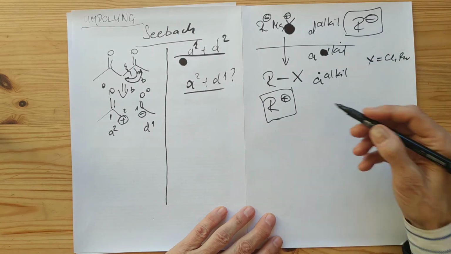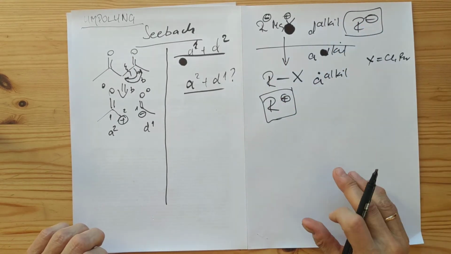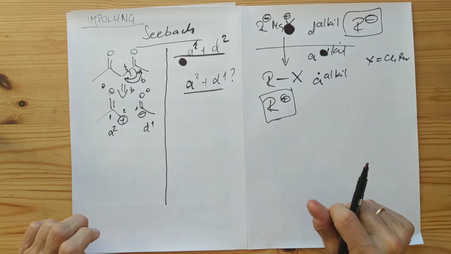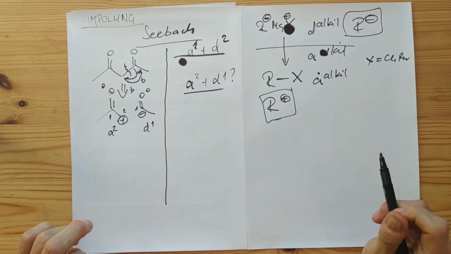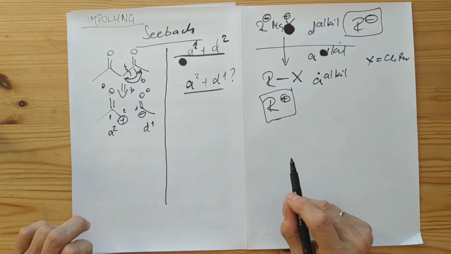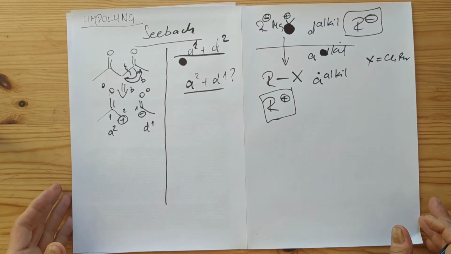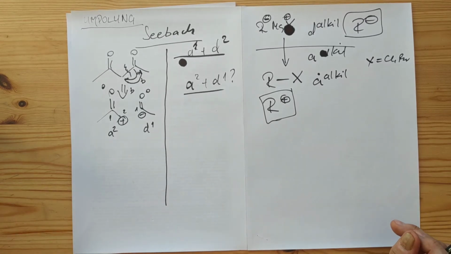So basically what we obtain is the reversion of the polarity of these synthons from the donor to the acceptor type.